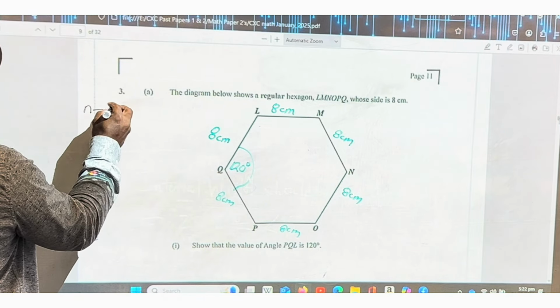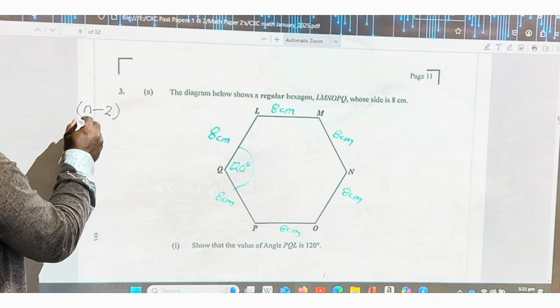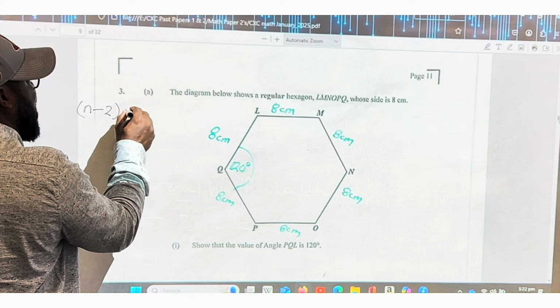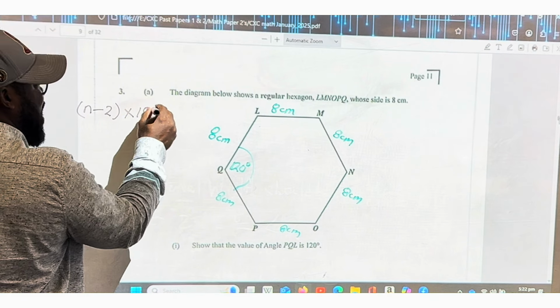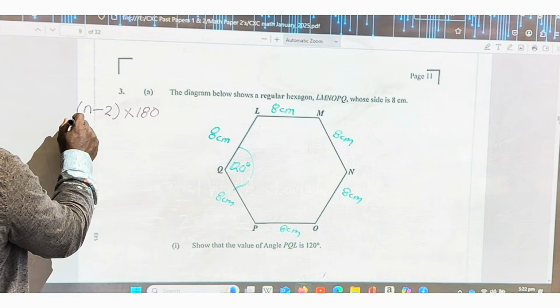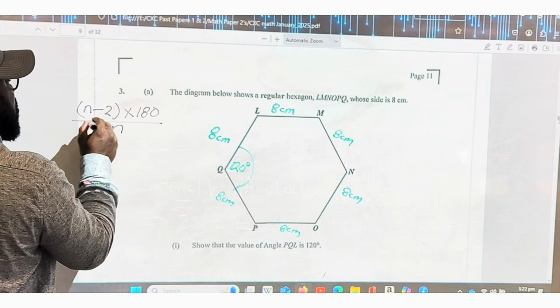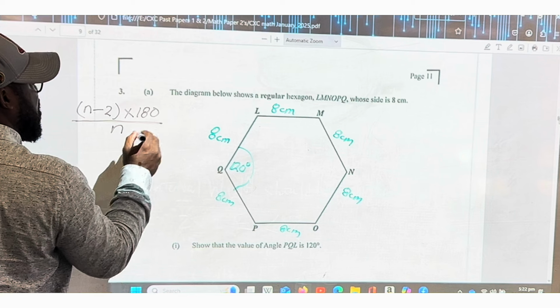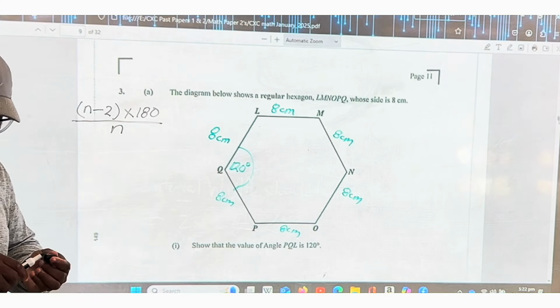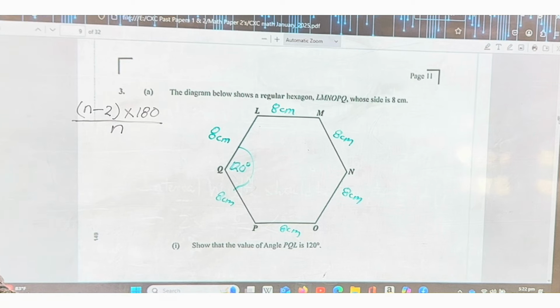N take away 2 times 180, divided by n. Good. In this case, what would n represent?